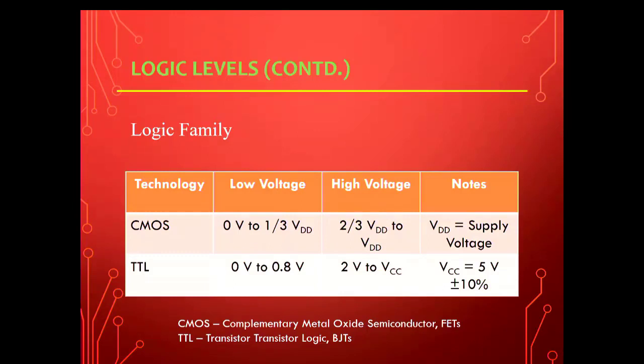FETs in the last decade or so have taken over and put BJTs in the background. And one of the reasons for that is FETs have faster switching. They are less prone to noise. The density is very nice, meaning you can have a lot more gates in a small piece of silicon compared to TTL. They also consume very little power.